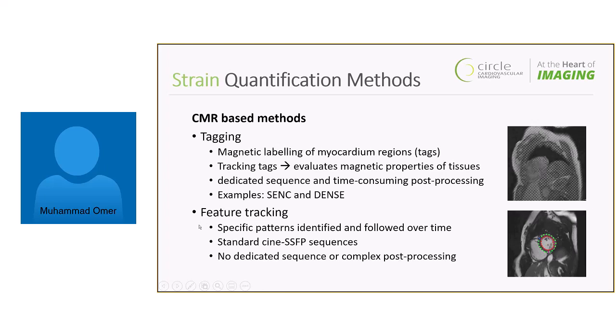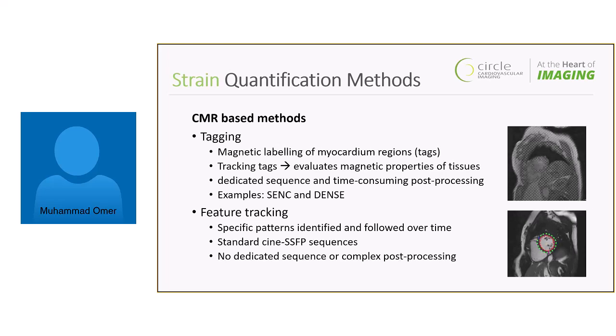In contrast, we can use the standard cine CMR images and use feature tracking algorithms to gain similar information, which is the displacement of the heart muscles, and then compute the heart contraction, or the strains on different parts of the tissues.